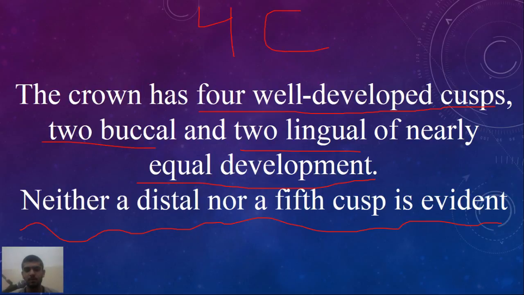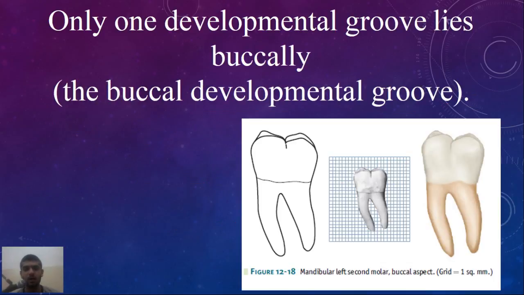The other difference, only one developmental groove lies buccally, which is the buccal developmental groove. So from the buccal aspect, in the mandibular second molar, we can see a single buccal groove.